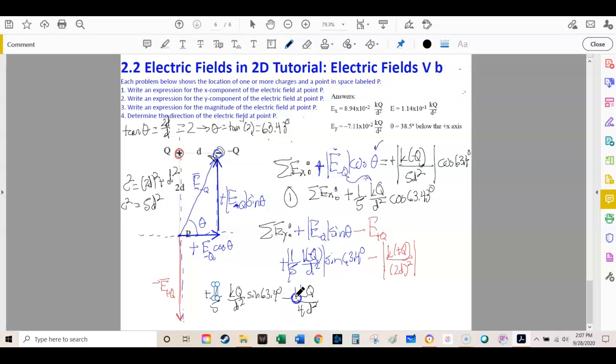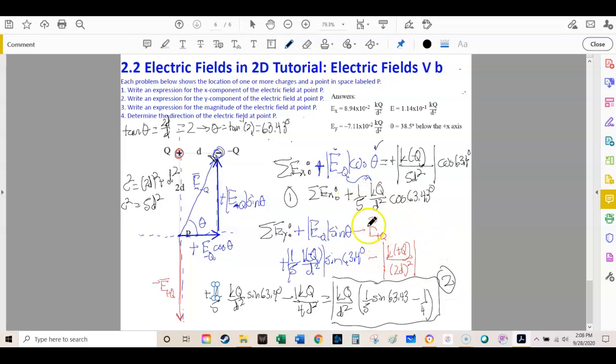So this is like a 1/4 KQ over D squared. In fact, I'm going to pull out the KQ over D squared. So this is going to work out to be KQ over D squared times 1/5 sine of 63.43 minus 1/4. Okay, well, this is our answer for the y direction. So this is actually number 2.